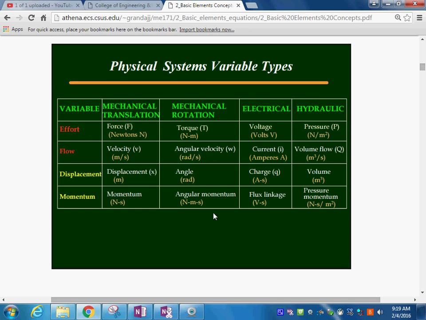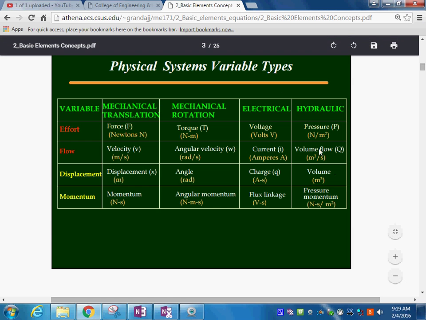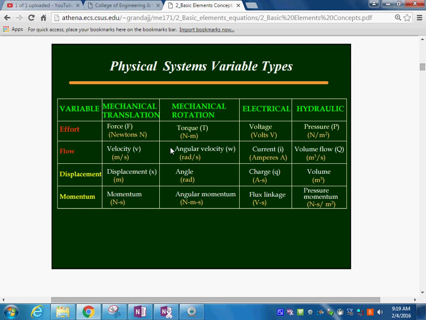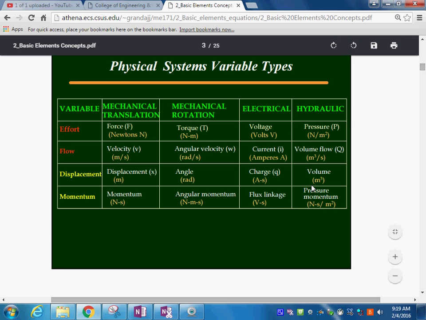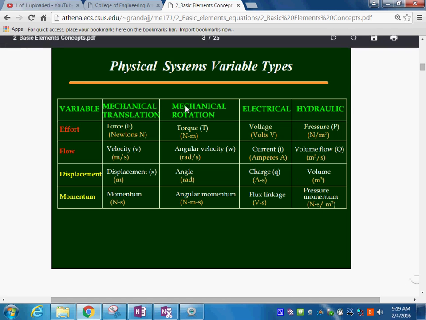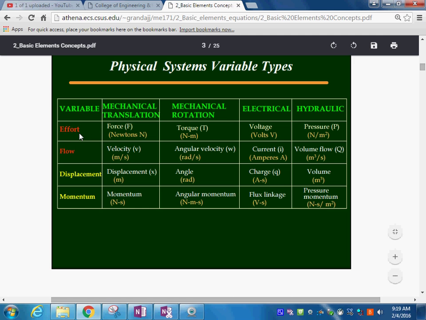If you look at the units in here, the physical systems, you have effort and flow, and the units in their energy domain. And so we're going to use four variables: effort, flow, the displacement, and the momentum. And each one of these, depending on which energy domain you are in, has different units. However, when we talk about effort, it can be any of these.